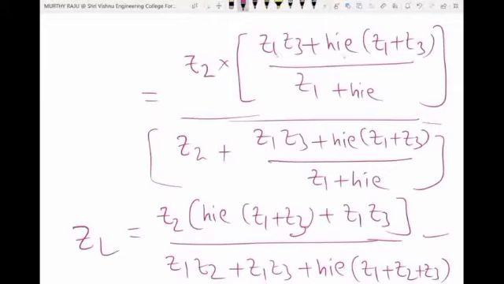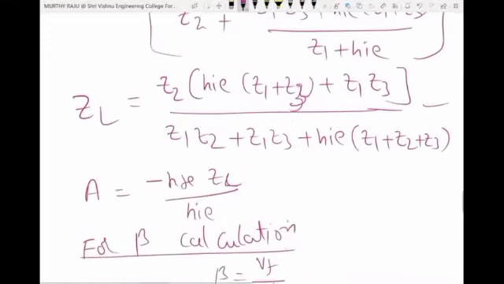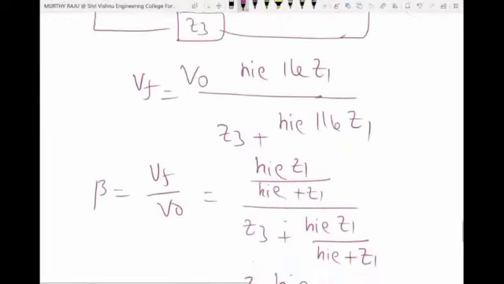Here Z1 Z3 plus HIE Z1 plus Z3 into Z2. This is the ZL value. Here Z3 is very important in the previous expression.